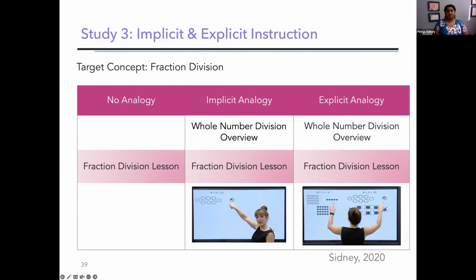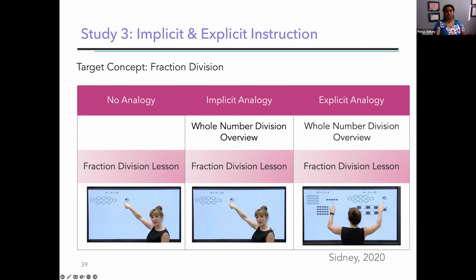And then in the no analogy condition, it was a lot like the implicit analogy condition, except that during the whole number division part at the beginning of the lesson, we just had extra examples of fraction division. So that helped us control for the length of the lesson. And it's a pretty strong control because they're getting actually twice as much instruction and twice as many examples of fraction division as in the analogy conditions.